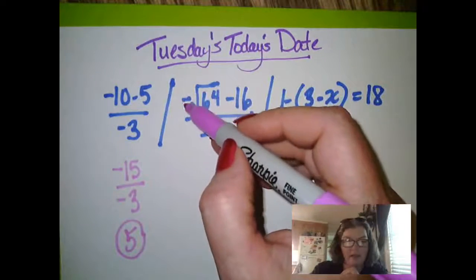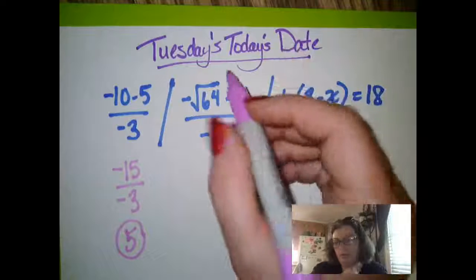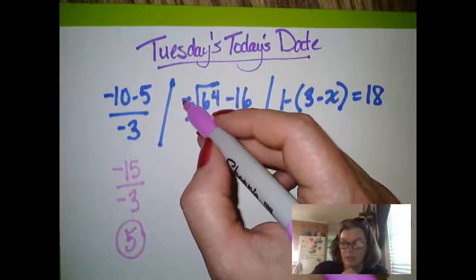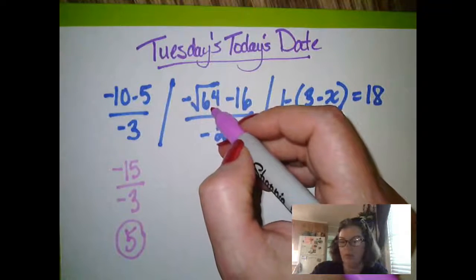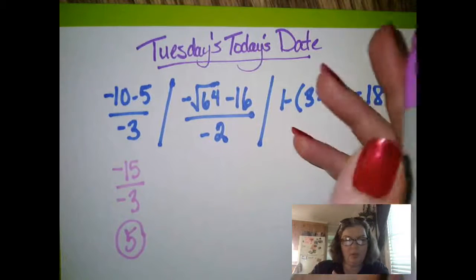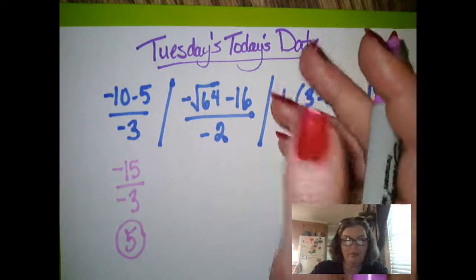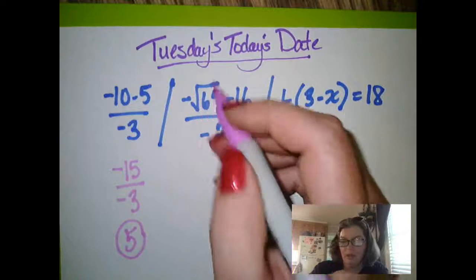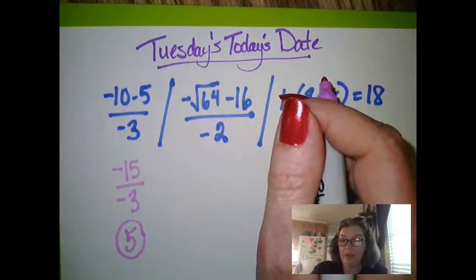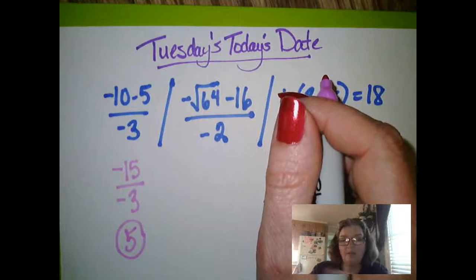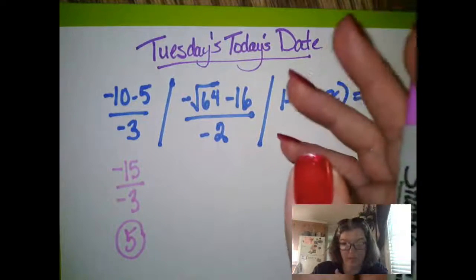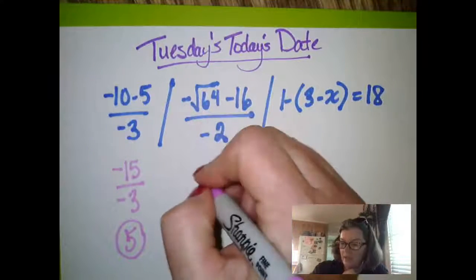If you see a sign in front of it, then that tells you which square root you're looking for. In this case, it's looking for the negative square root. So we still do everything as normal. The square root of 64 is 8. But if you think about it, 8 times 8 is 64, but -8 times -8 is also 64. So this right here is -8.